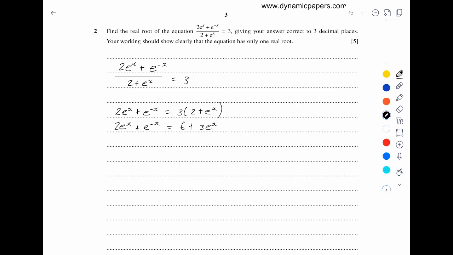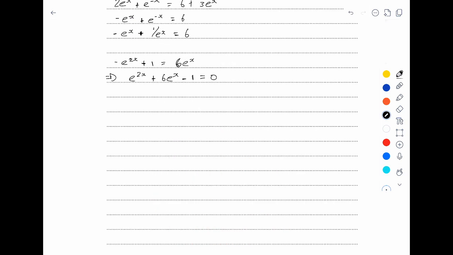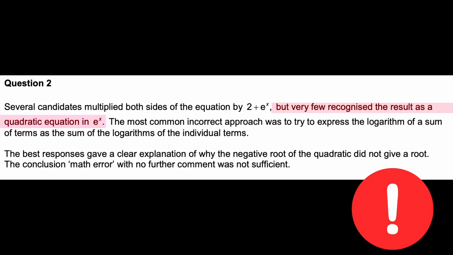The next part is, instead of applying the ln function, make the expressions a quadratic equation of e to the x, because this allows us then to solve for e to the x, which we can then use to get a value for x. Warning, this is the part people often get wrong. I mean, after all, this was what the examiners mentioned was the reason for people failing the question in the first place.